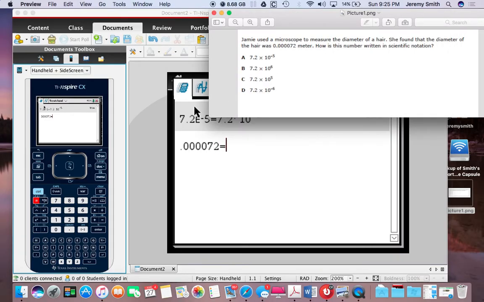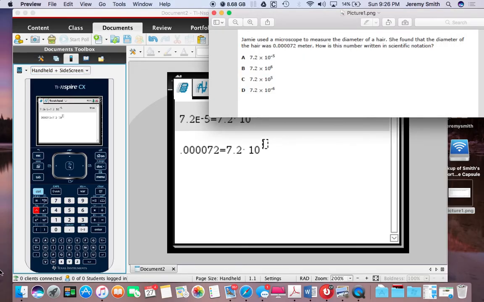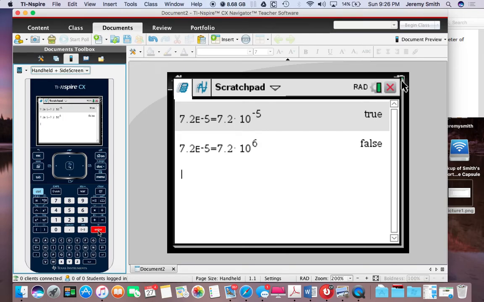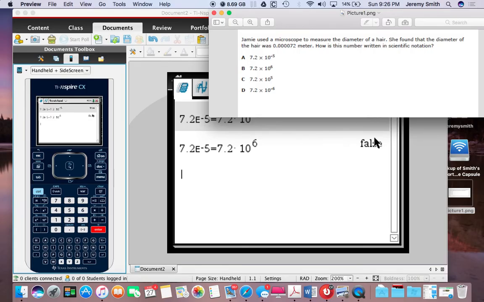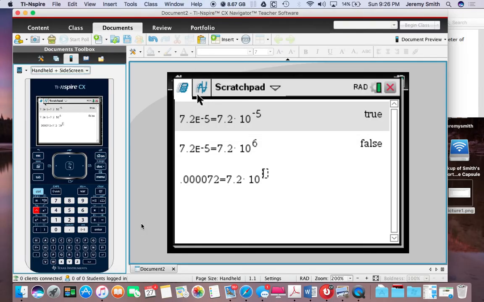Let's put B in there. 7.2 times 10 to the 6th power. Look at that. That's false right there. Let's do the last two, which is 0.00072 equal 7.2 times 10 to the 5th power.